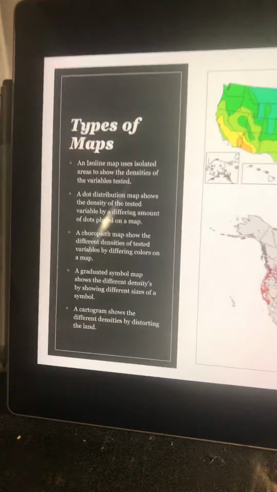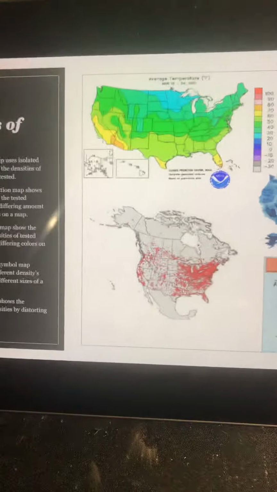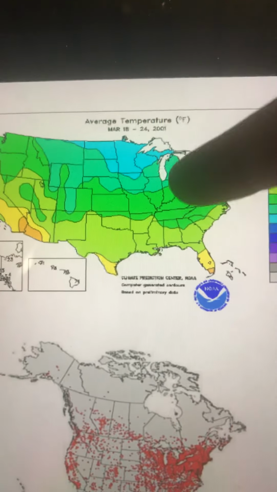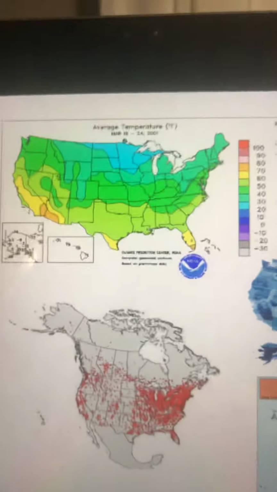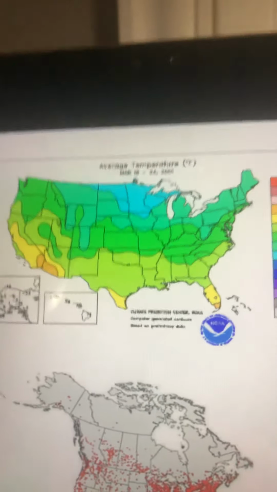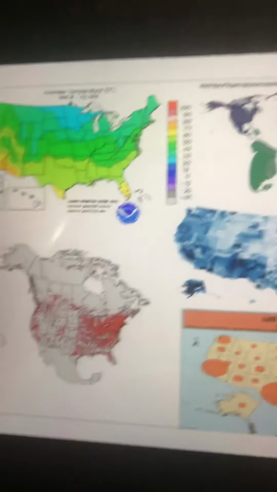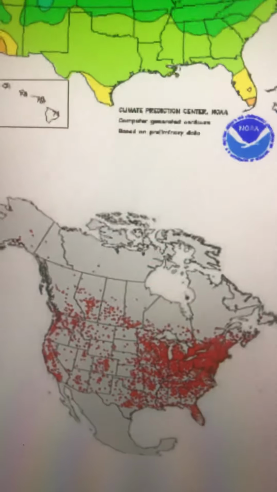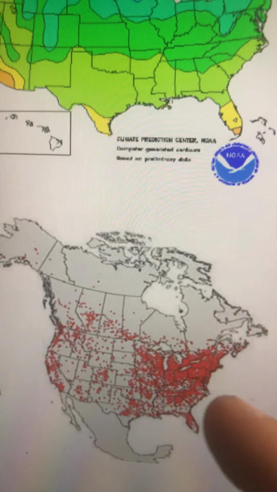So, types of maps. There are many different types of maps, as you can see. Right here we have the isoline map. It uses isolated line segments to show statistics. Next, we have the dot distribution map, which uses dots to show distribution.